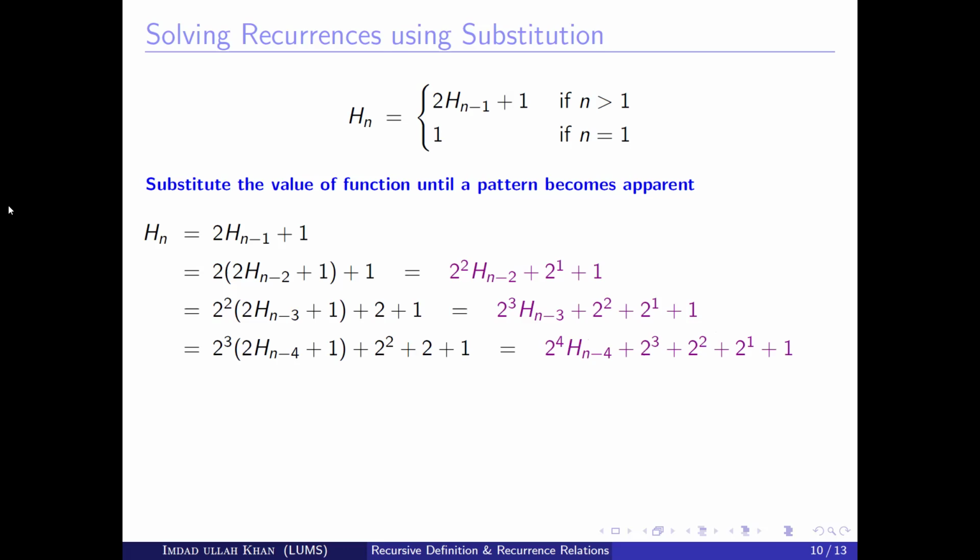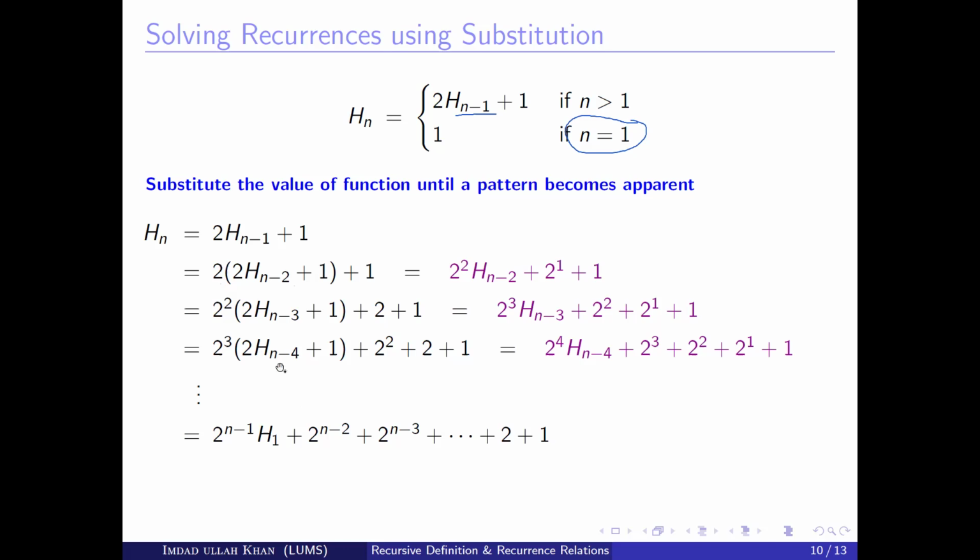Each time we make a substitution, we are going for a smaller value of n. So after some finite number of steps, we should land on n equal to 1. When we land on n equal to 1, we know the answer is going to be 1. So if we keep on opening this expression repeatedly, we land on h1, whose answer is 1. If you look at the previous terms, when we were at hn minus 2, our power of 2 was 1.